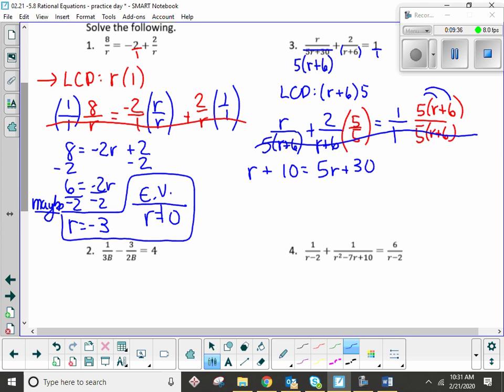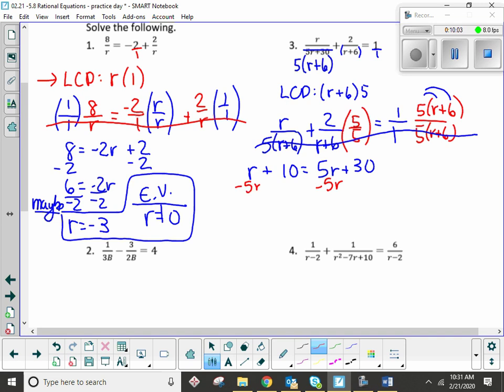Now I have variables on both sides and numbers on both sides. So that's a two-step equation. Do you want to get the r's on the left or the right? The left, okay. So if we're moving it to the left, we do minus 5r to both sides.